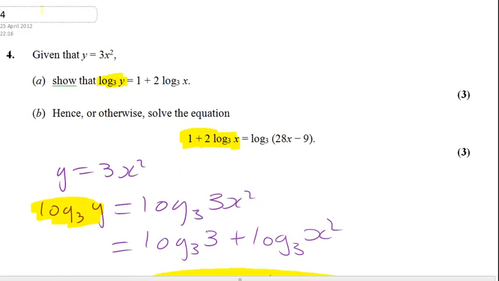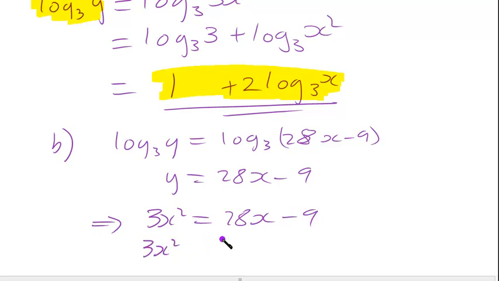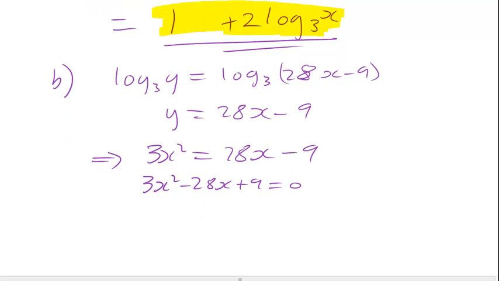Let's go back to what y was equal to. y was equal to 3x squared. So therefore we can replace this y with 3x squared. So this implies that 3x squared equals 28x minus 9. And we find we've got a quadratic. Subtract 28x from both sides, add 9, and we get that equals 0. Now, does this factorise?